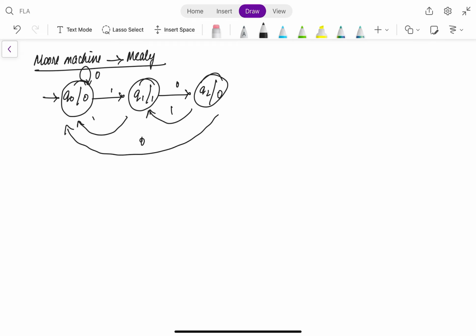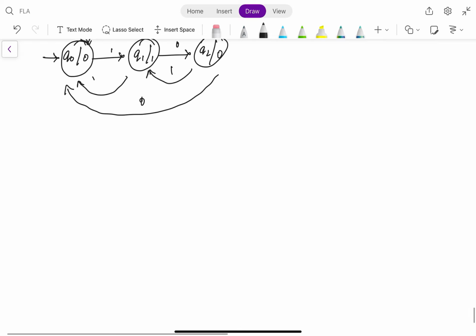This is the given Moore machine. First, you draw the transition table for the given machine: current state, next state on input 0 and 1, and then output.